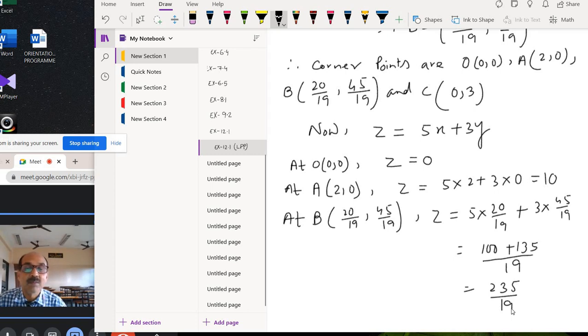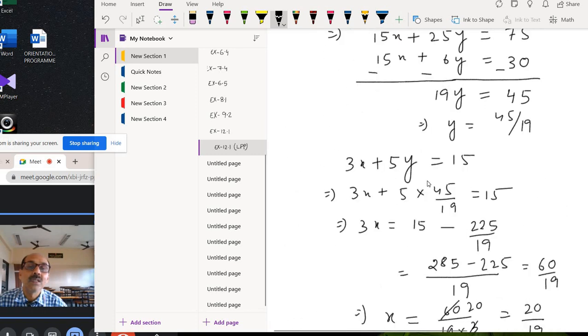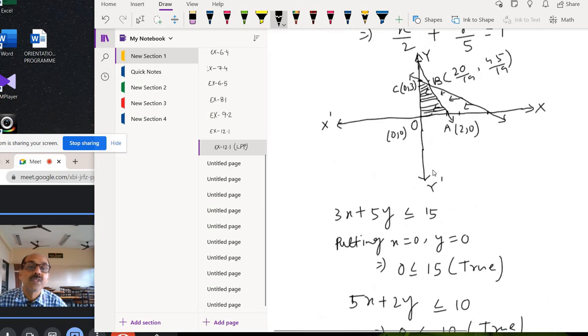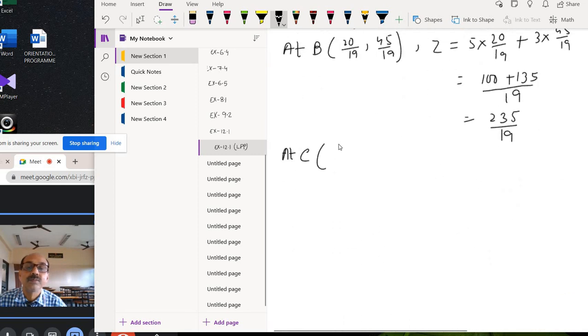Now question is maximum Z. One more point, C. At C is 0, 3.